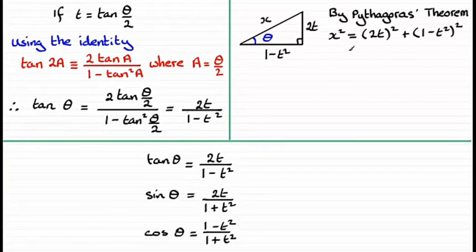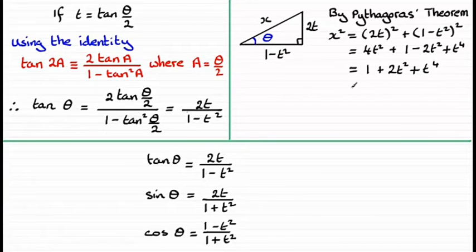And if we work this out, this comes to 4t squared plus, if we expand the bracket, 1 minus 2t squared plus t to the power 4. And grouping this up, we've got 1 plus 2t squared plus t to the power 4.